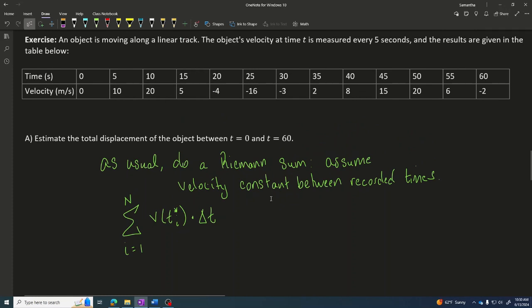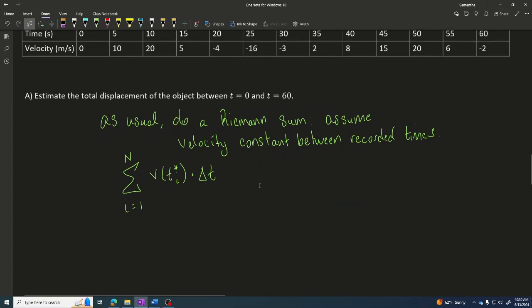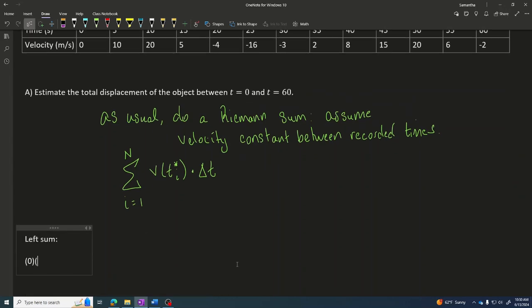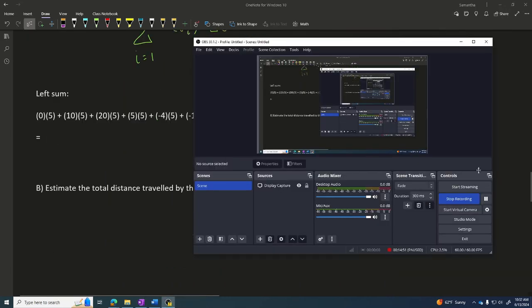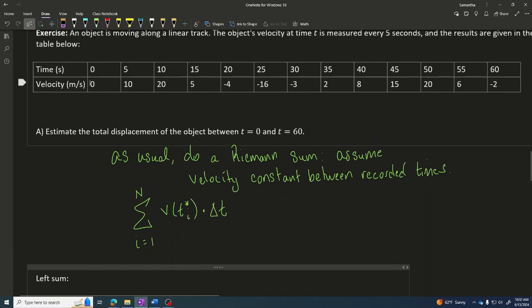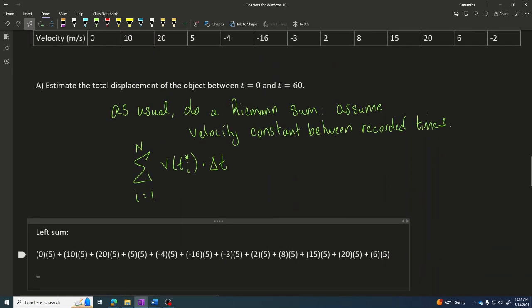This is what it would be symbolically. And if I went ahead and used my table to write down what this would become as a number, let me go ahead and do that real quick. Okay, so here I have written down what this sum would become if I used the left-hand velocity recorded on each time interval. And so I have, for example, 0, and then 10, and then 20, and then 5, and so on.